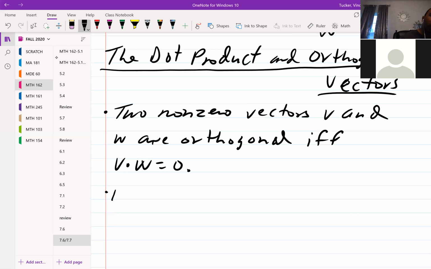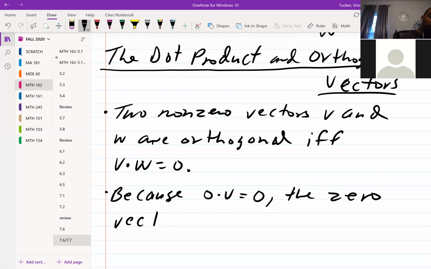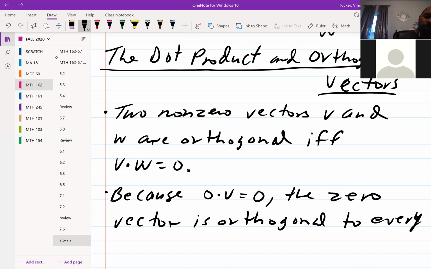And then another point: because the dot product of the 0 vector and V is equal to 0, the 0 vector is orthogonal to every vector V.